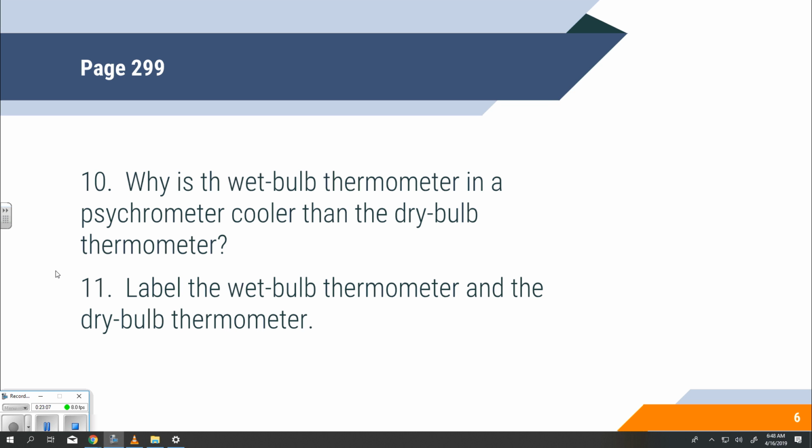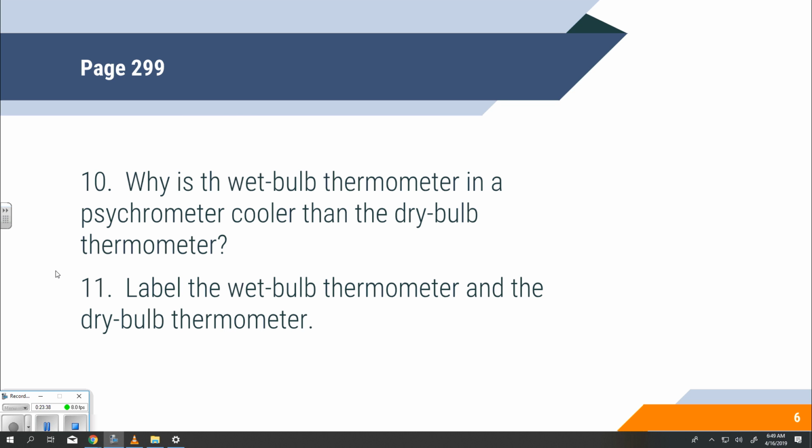If humidity is low, the water evaporates more quickly. Therefore, the temperature reading on the wet bulb thermometer is much lower than the reading on the dry bulb thermometer. If the air is saturated, no water evaporates. Therefore, the temperatures are the same.